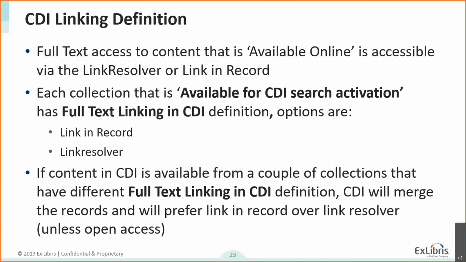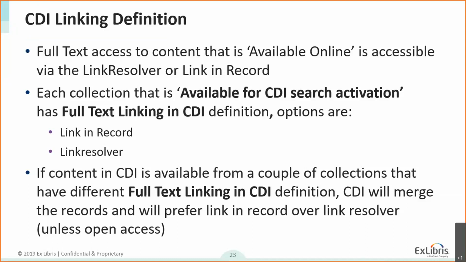There are two ways to access content, either through the link resolver or through a link in record. Link in record is links that are actually part of the record in CDI that were provided by the provider when we ingested the content of the provider to CDI.